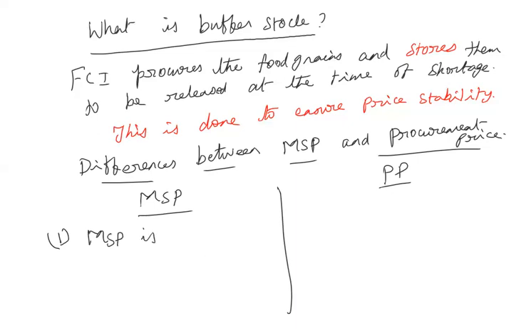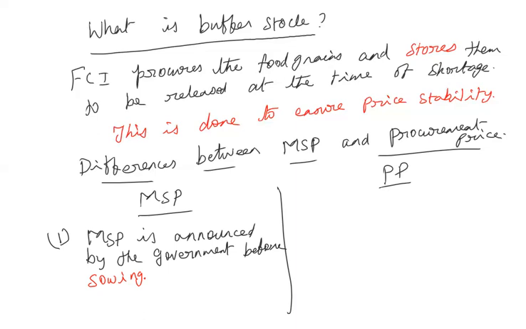before the sowing season. So before the farmer is sowing the crop, the government announces these are all the crops for this season we are going to purchase. Accordingly, the farmers will start cultivating that kind of crop.